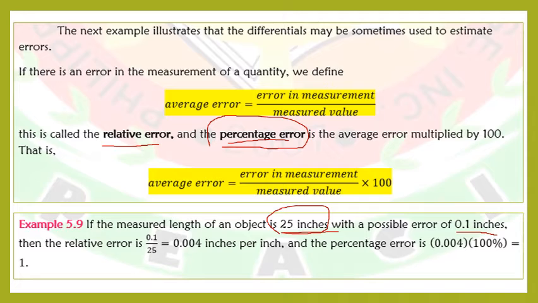So, that is equal to 0.004 inches per inch. And the percentage error, i-times lang natin siya ng 100%. So, that is equal to 0.4. So, 0.4 is the percentage error, then 0.004 is the relative error.